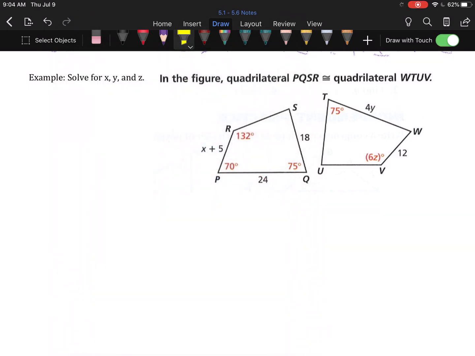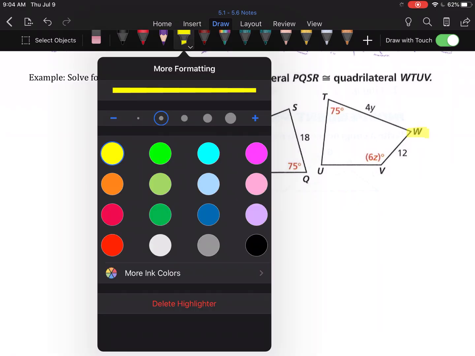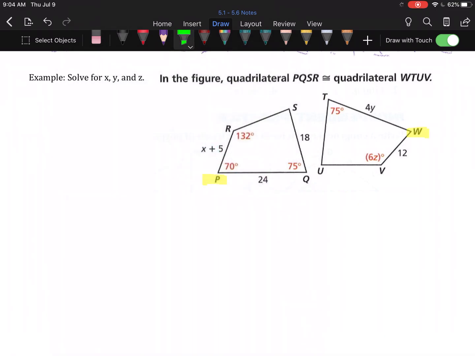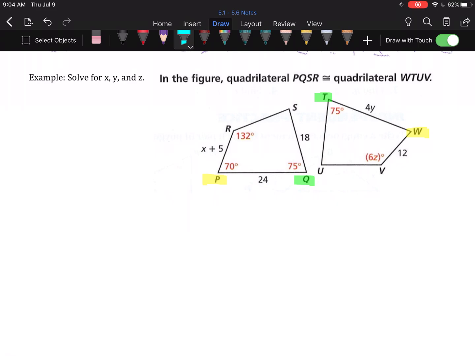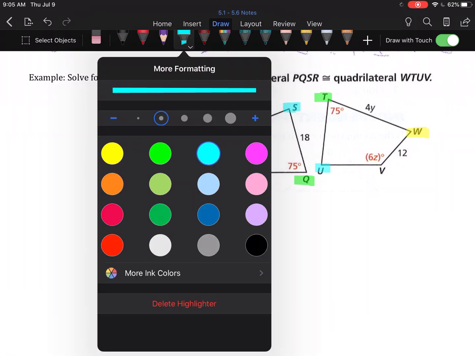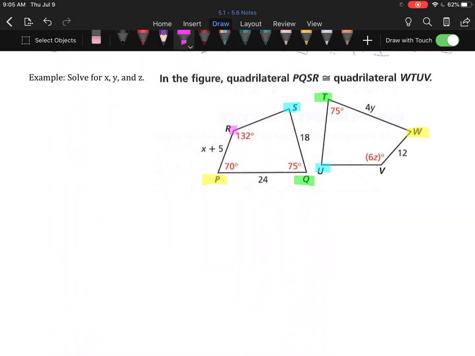So, P and W have to be the same because they're both the first letters. Q and T have to be the same. They're the second letters. S and U must be the same. They're the third letters. And R and V must be the same. They are the final letters.